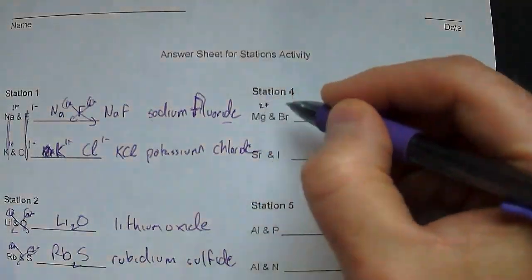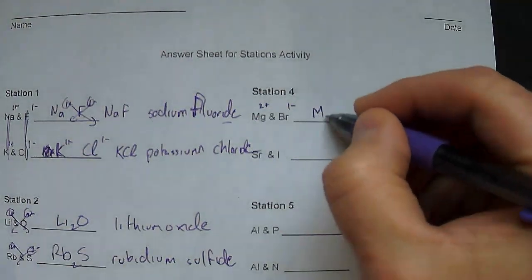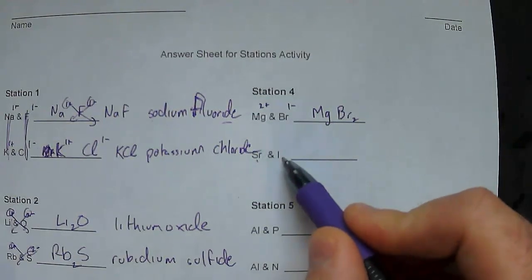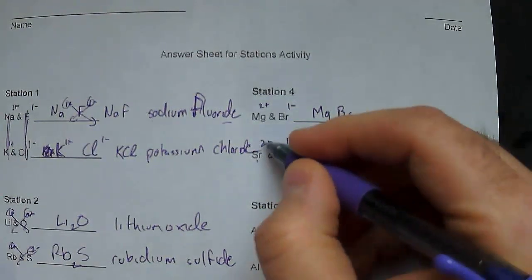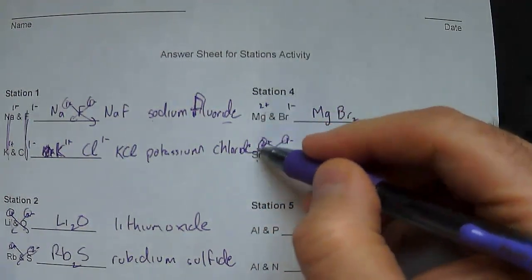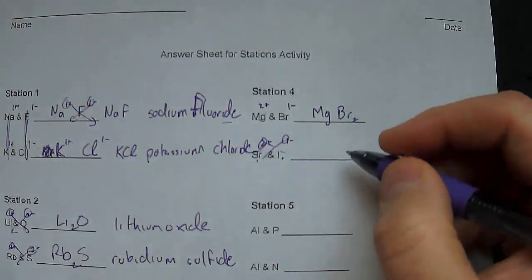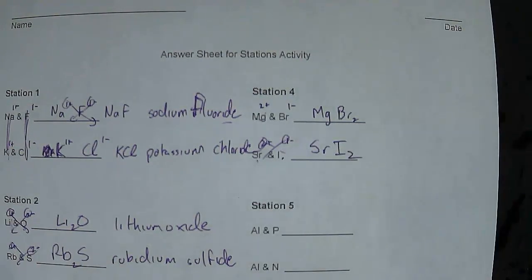Okay, so MgBr: Mg is 2 plus, Br is 1 minus. So this is going to be MgBr2, and then Sr and I. Sr is 2 plus, I is 1 minus, and again you crisscross, but Sr is in the same family as Mg, and I is in the same family as Br, so we're going to have SrI2.